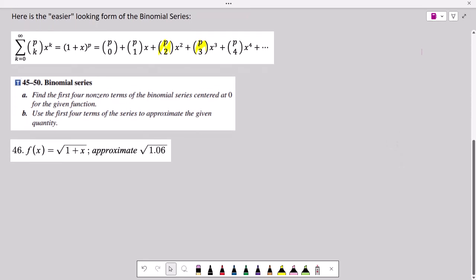When you think binomial series, please think of it as a geometric series-like expansion where the coefficients are just p choose 0, 1, 2, 3, 4, etc. That's the way you should think about a binomial series. All right, so let's try one.